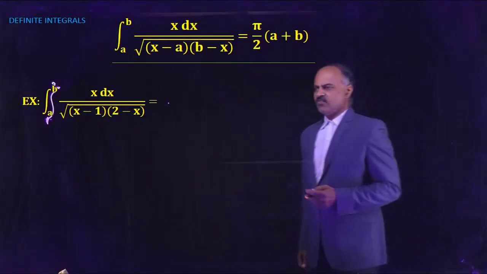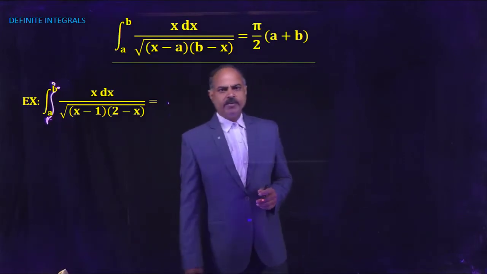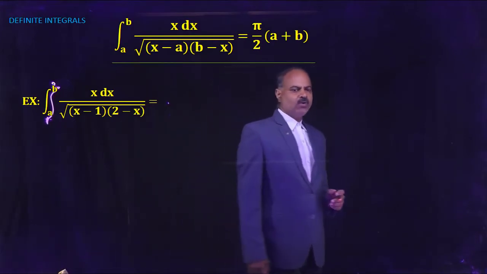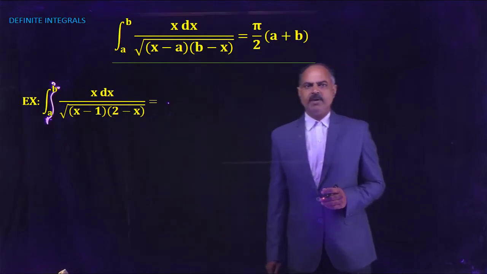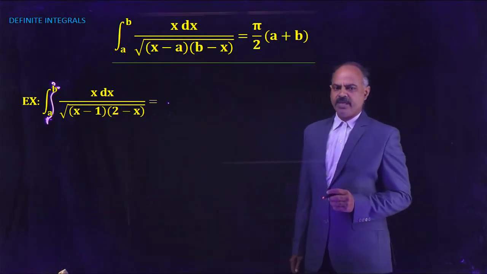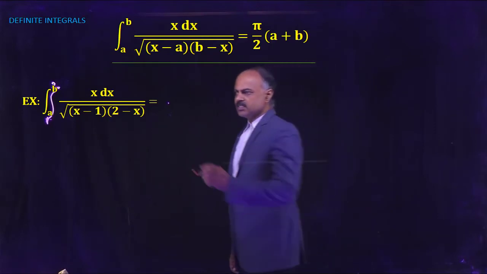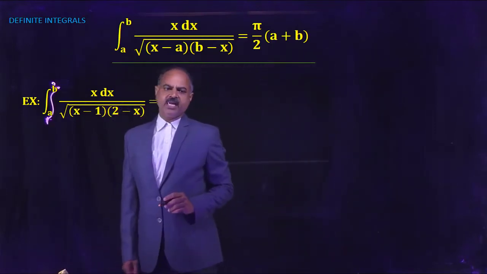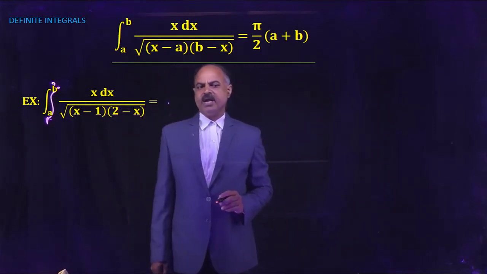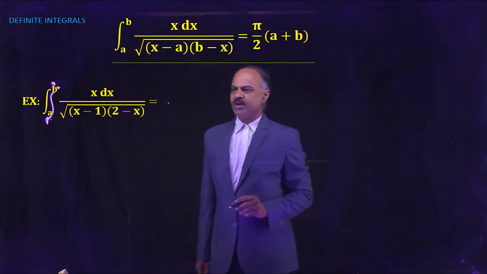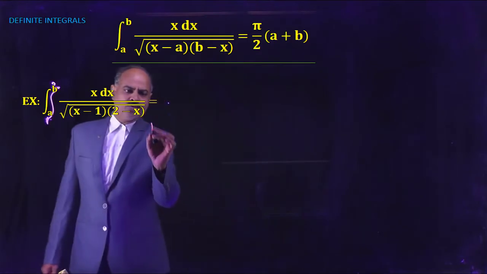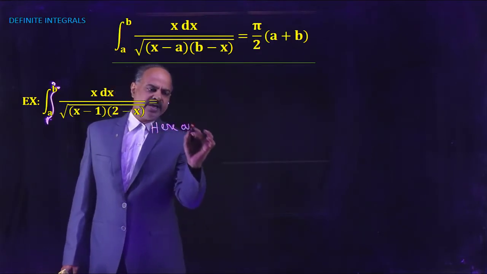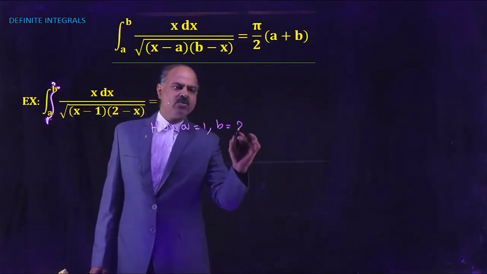Next shortcut formula: integral a to b x dx by square root of (x minus a) into (b minus x) equals pi by 2 into (a plus b). Suppose for example, integral 1 to 2 x dx by square root of (x minus 1) into (2 minus x). So here a equal to 1 and b equal to 2.